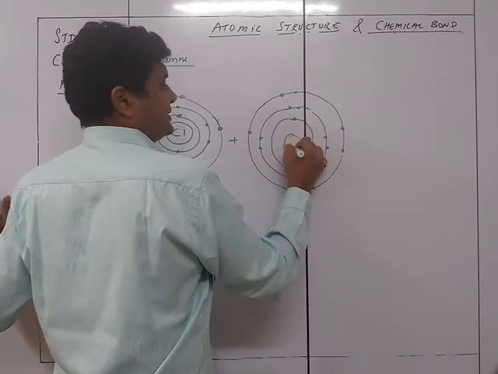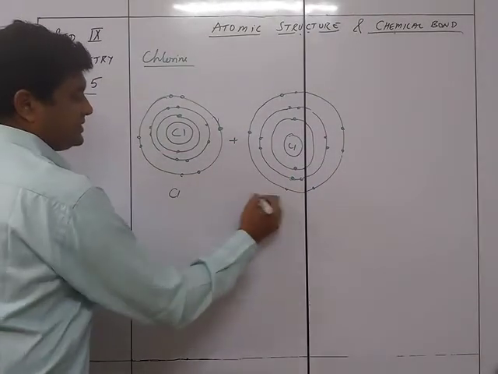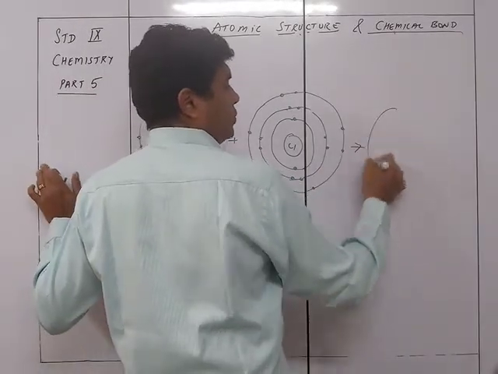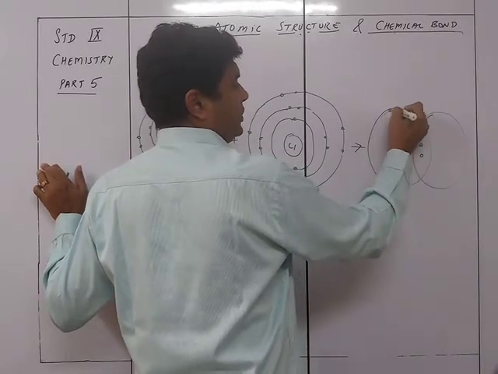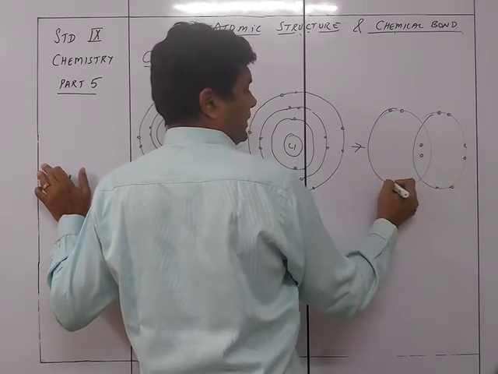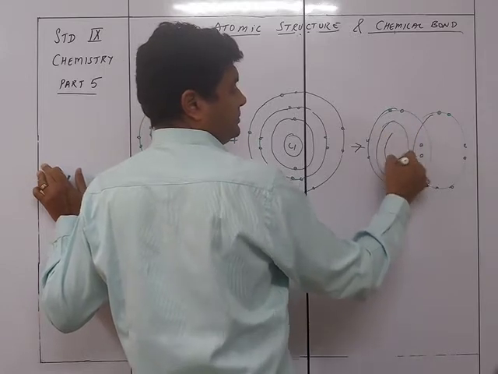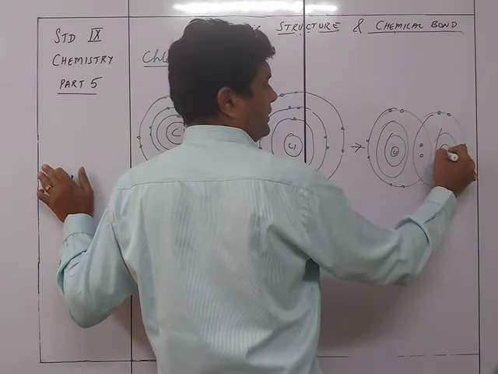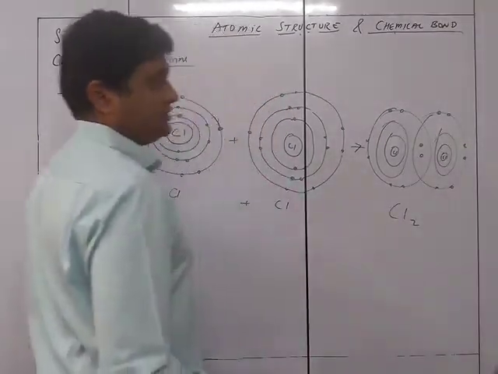So this is Cl, 2 atoms. This is Cl plus Cl, and the resultant over here will be Cl2. This gives you 8 in the outermost shell, then 8 here, then 2 here and Cl. Similarly 8 here, 2 here and Cl. So this is how you are going to get Cl2 as the molecule.